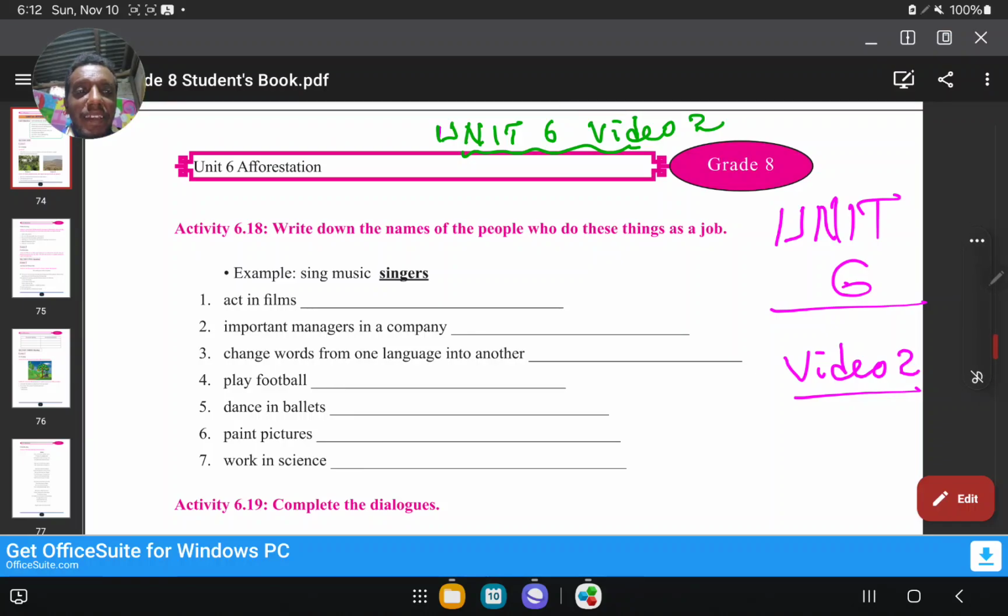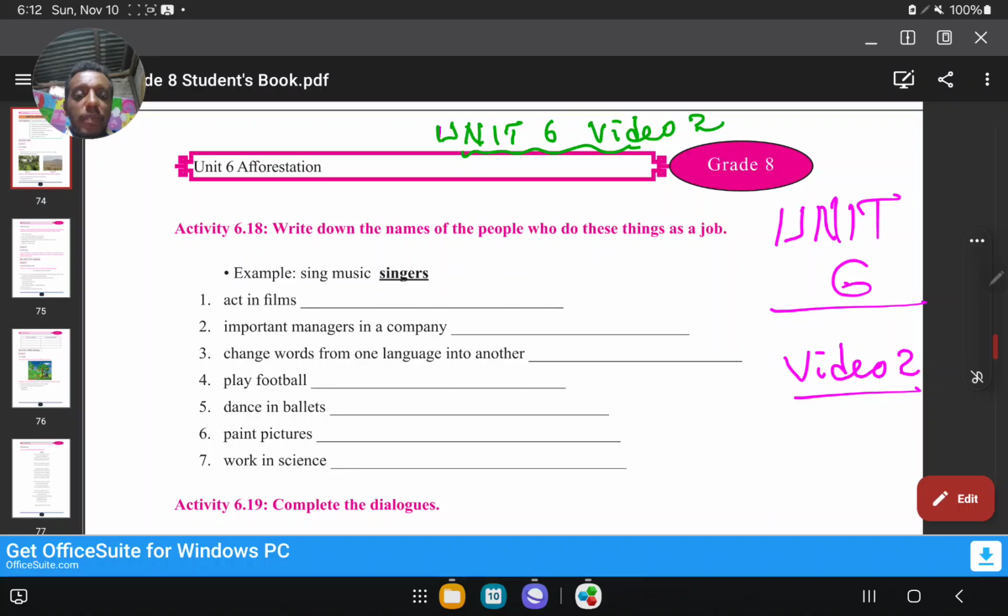We discussed what suffix means, and we also focused on the two types of affix, that is the prefix and suffix. Today, in the second part of Unit 6, Video 2, we'll continue doing the same exercises at the beginning here at the UT Activity 6.18.